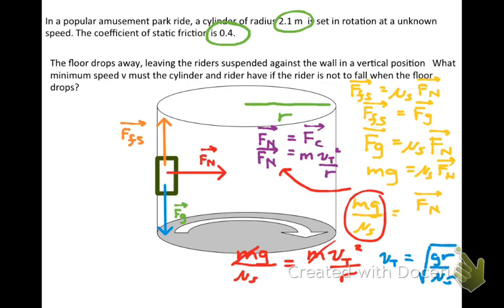All right, and we have gravity, and we have the radius, and we also have the coefficient of static friction, and this will allow us to find the speed necessary for the rider to stay in this without falling out. All right, and that's it for this problem.